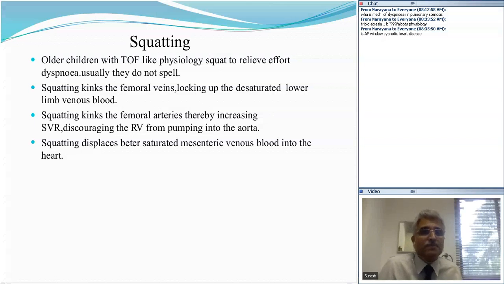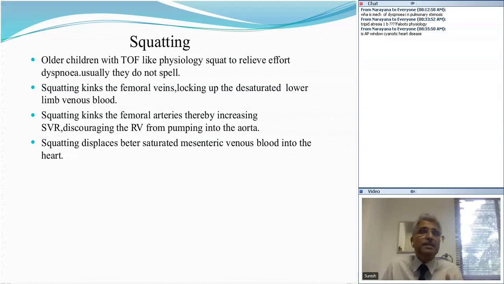Also, the process of squatting involves an abdominal compression. Having locked up the desaturated blood in the lower limbs, if you can compress on the abdomen and displace the splanchnic blood, which is much better saturated, into the heart, even though there is a right to left shunt, what is shunting right to left will have a better oxygen saturation than from the lower limb blood.